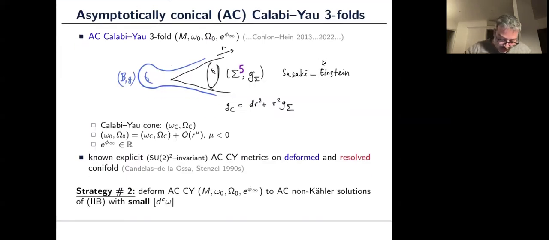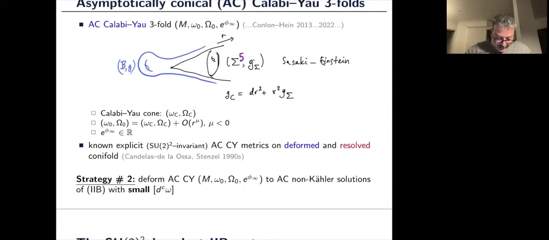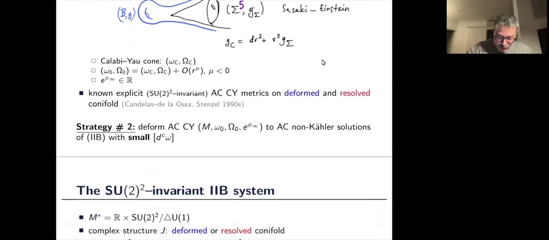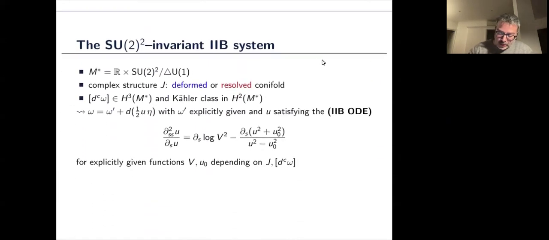The results I want to present follow strategy number 1 and strategy number 2, and I'll start with strategy number 1.